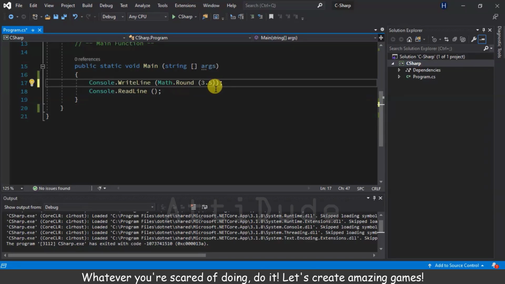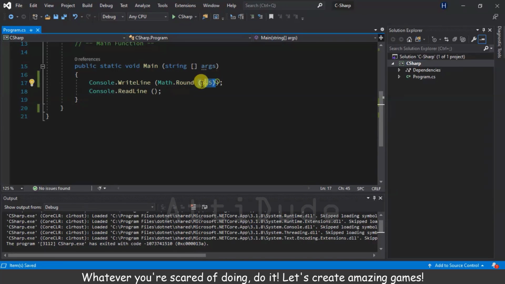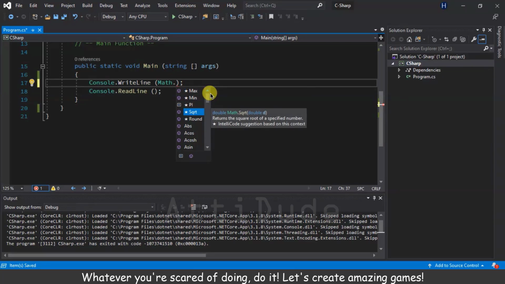It's okay if you write F. So the round one works like that. And let's see if we have any other function.